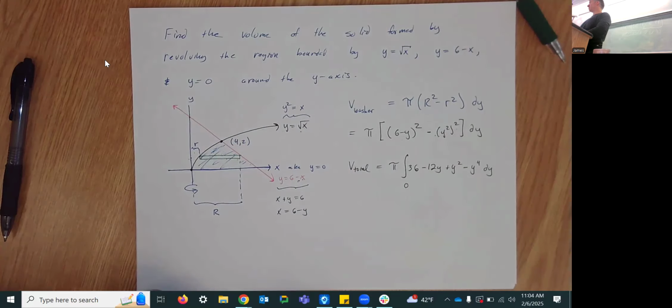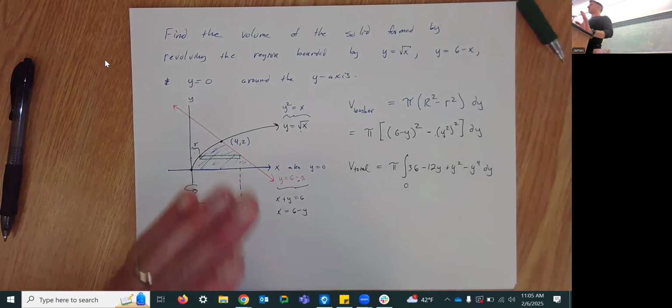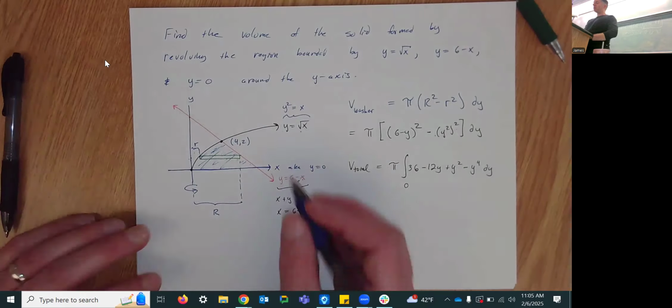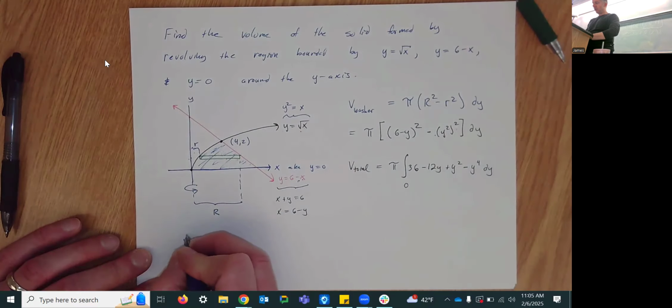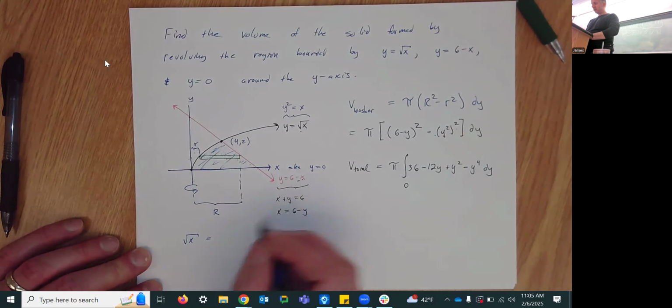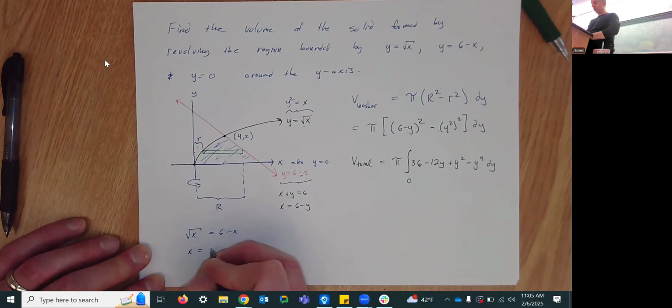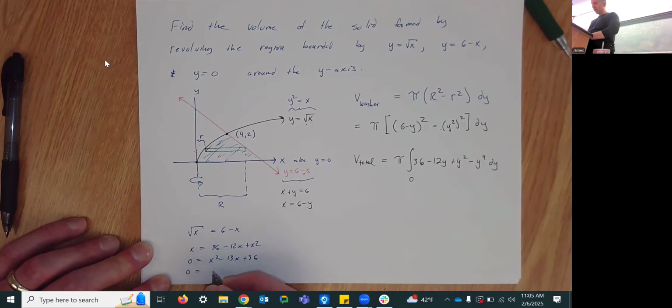So you can also sometimes just guess what the point's going to be. Sometimes you have to guess, especially if there's like a natural log involved. But I will also say if you did set them equal to each other, if you set the square root of x equal to 6 minus x, and then square both sides, you'd have x equal to 36 minus 12x plus x squared. And then if you brought the negative x over, you have 0 equal to x squared minus 13x plus 36, which definitely does factor as x minus 9 times x minus 4.